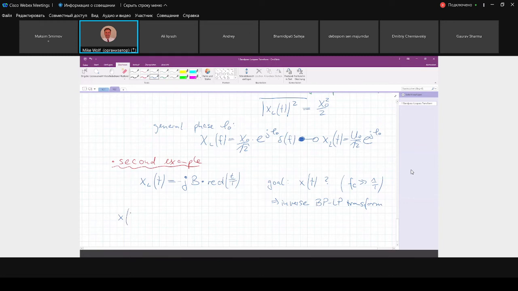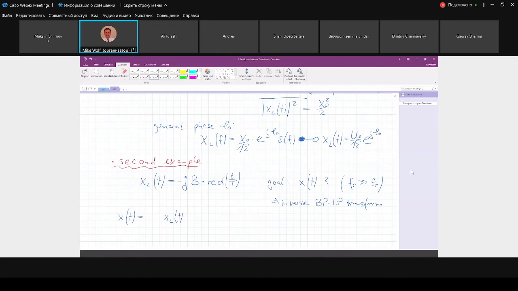So if we do this, the first step would be to take the original spectrum and shift it to the right. So what do I need to do in the time domain in order to shift the spectrum to the right-hand side?